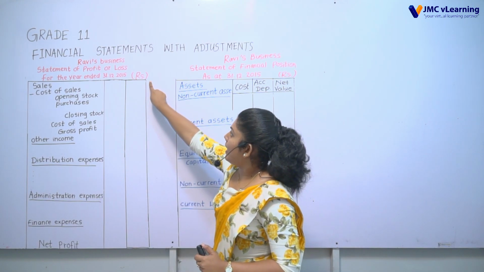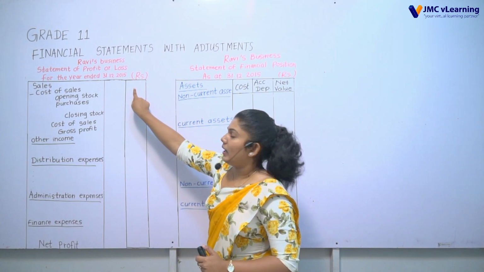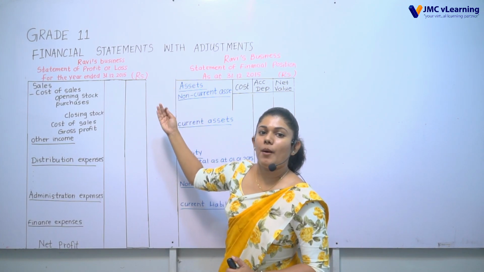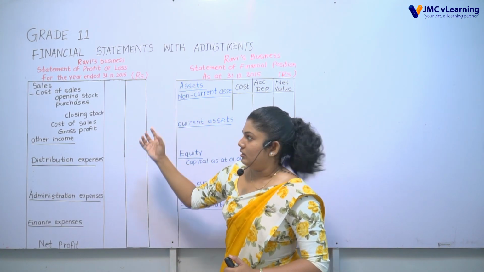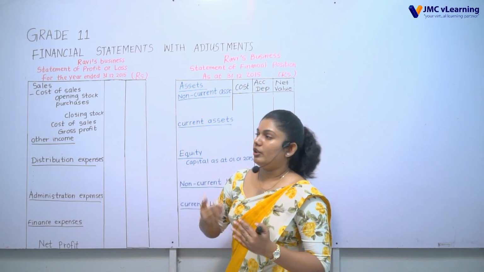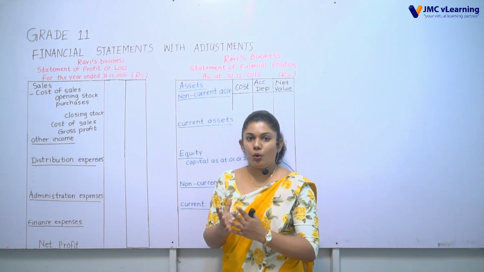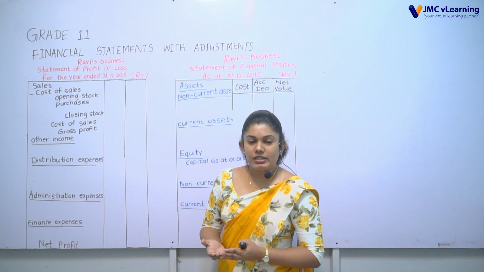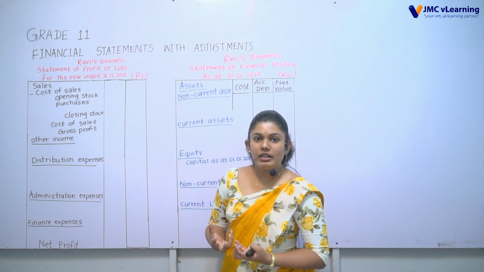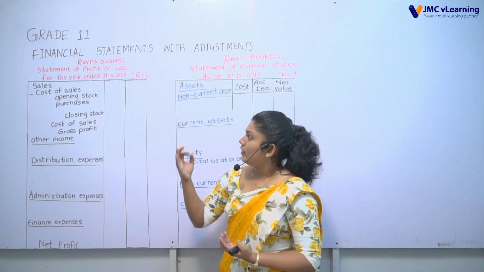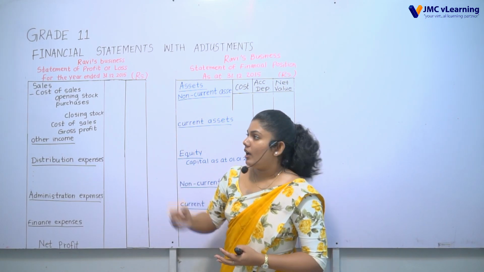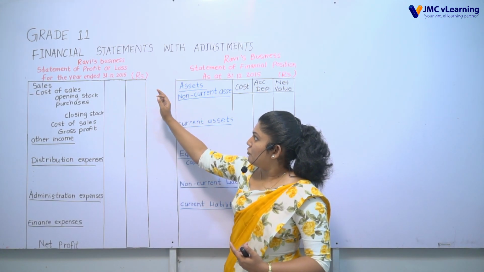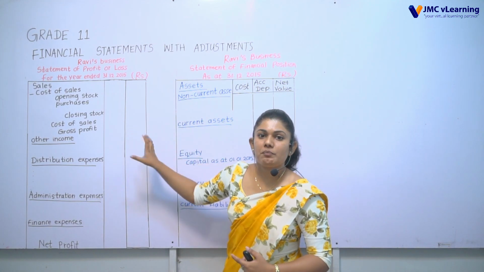And here I have written rupees because I have to show in what currency I am preparing this statement. Those are compulsory things you have to write when you are preparing financial statements: the name of the business, the financial statement, the time period, and additionally the currency you're using to depict these figures.